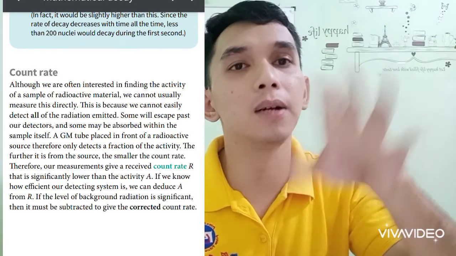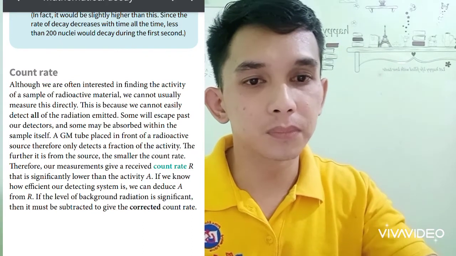A GM tube, or the Geiger counter that I mentioned just now, placed in front of a radioactive source therefore only detects a fraction of the radioactivity, not all the activity. The further it is from the source, the smaller the count rate. That's why I told you just now it needs to be put near the radioactive elements.